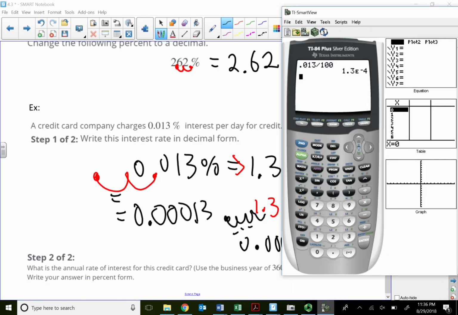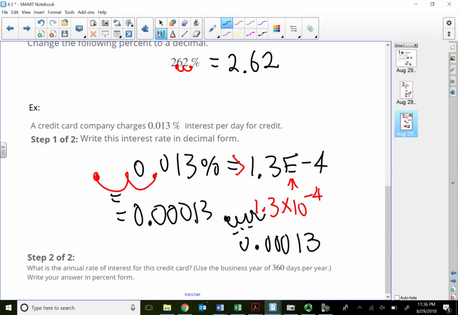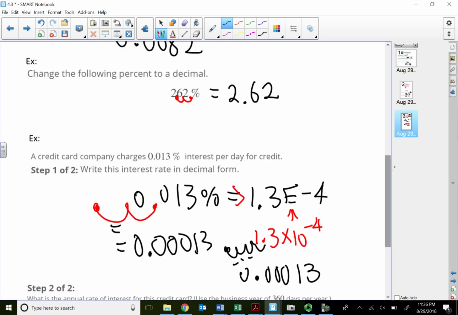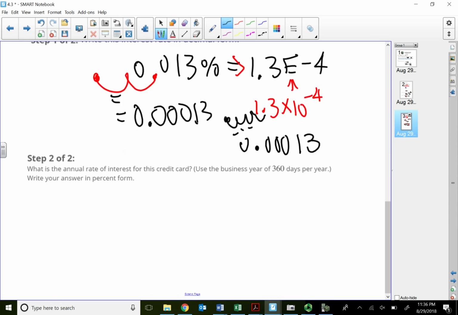Now, with this number, 0.00013 on my calculator in scientific notation form, let's take a look at the second question. What is the annual interest rate for this credit card, using the business year of 360? Remember, the 0.013% interest is per day, and this one wants to know the annual rate. Annual rate in the business world is 360 days.